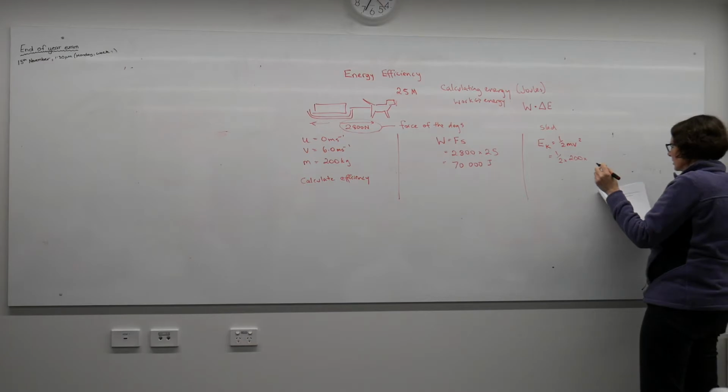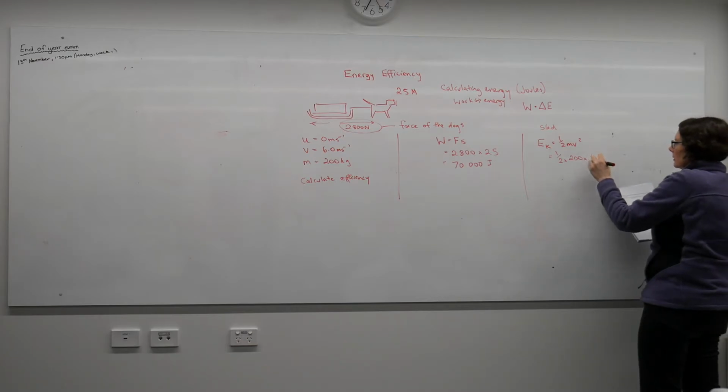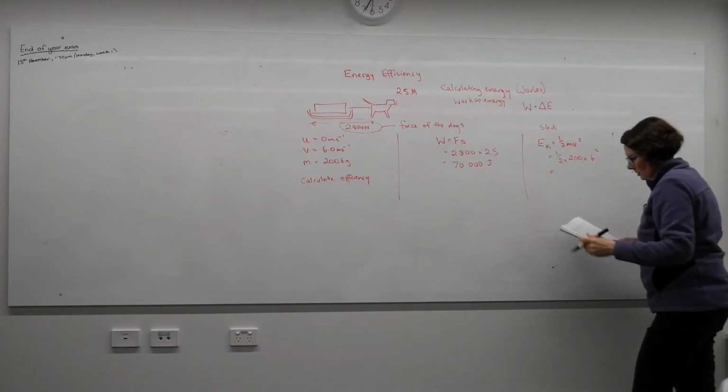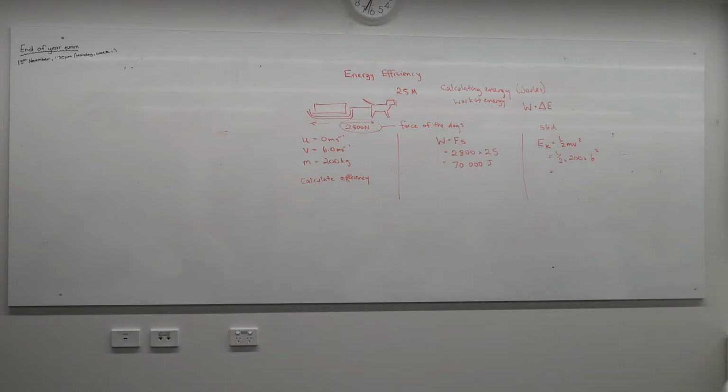I don't know why it says 6 squared there. Can you put that away? Because that's not right. Beg your pardon? Accidentally turned the torch on there. Why is it on the table in the first place? Just in case.